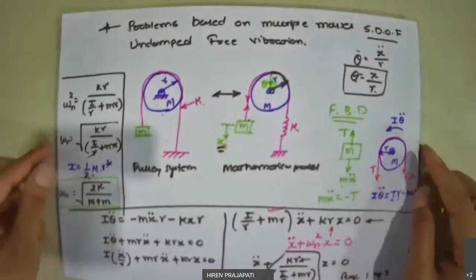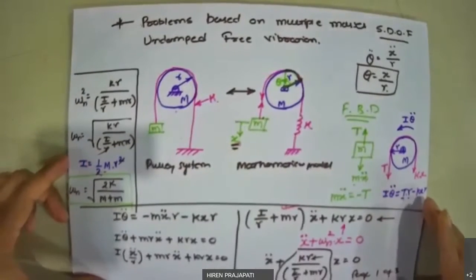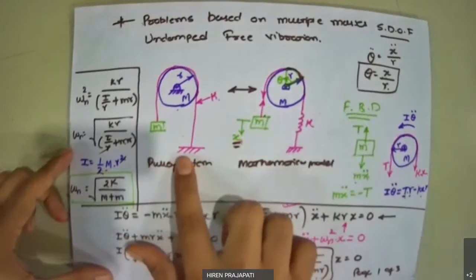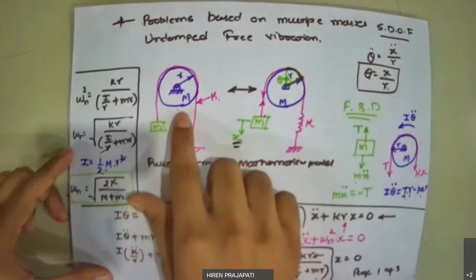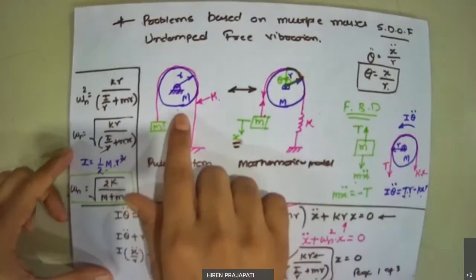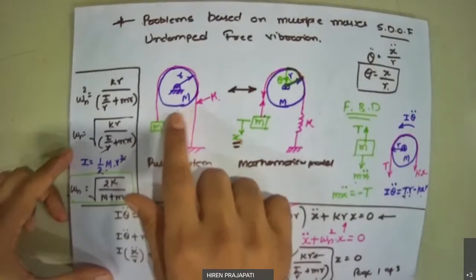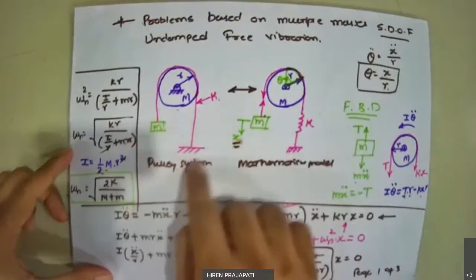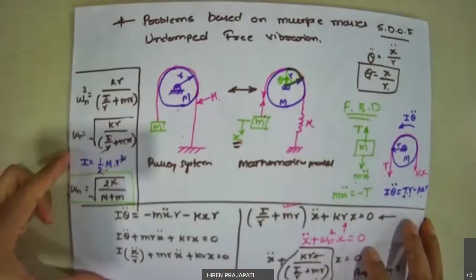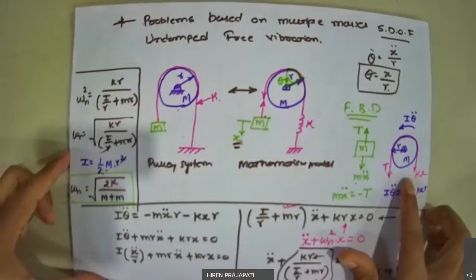Okay, so if we recall our previous lecture, we solved a problem with two masses: one linear mass and one rotating mass. For this system, we found the natural frequency by both approaches, Newton's approach as well as the energy approach.